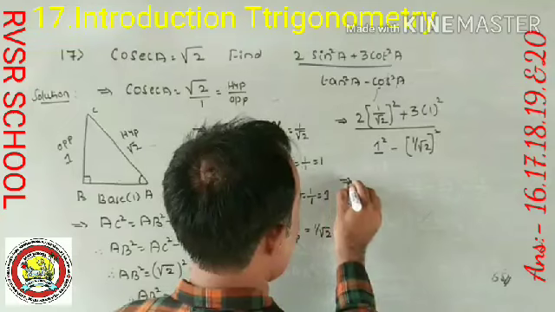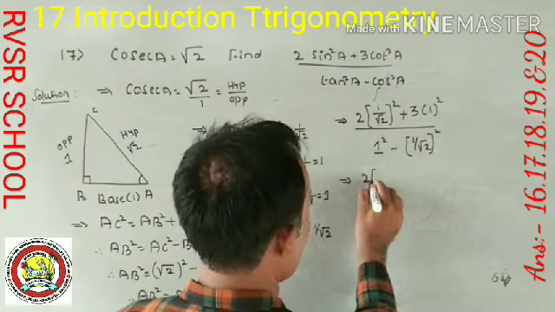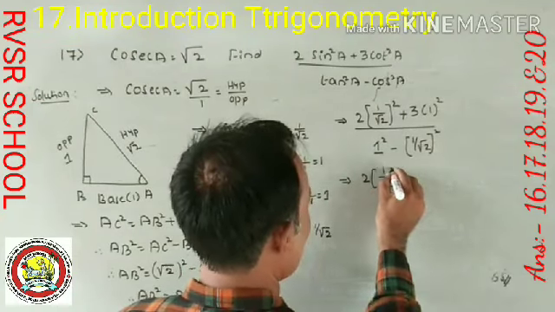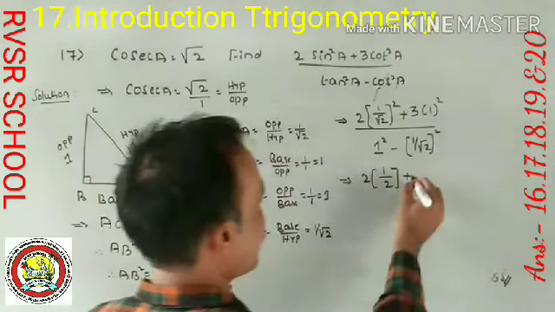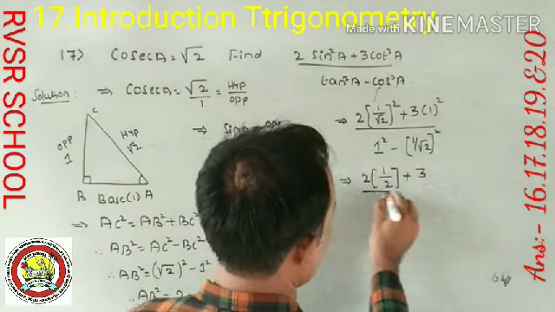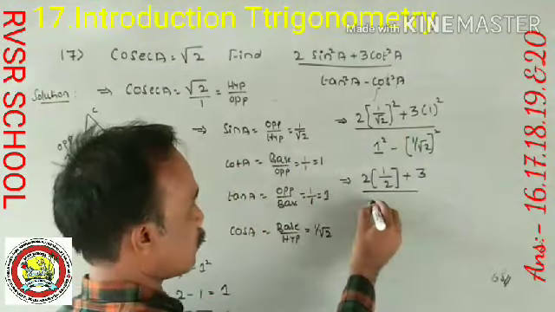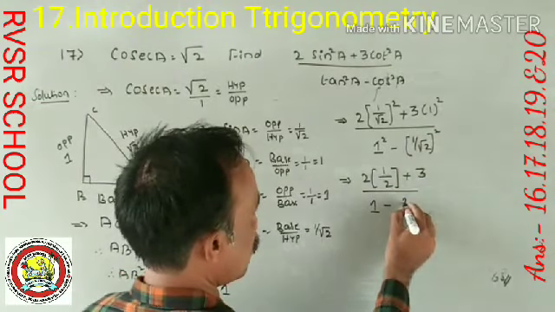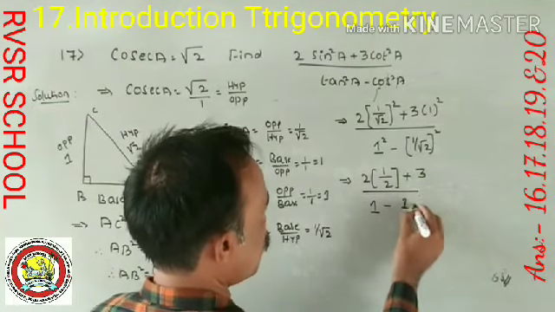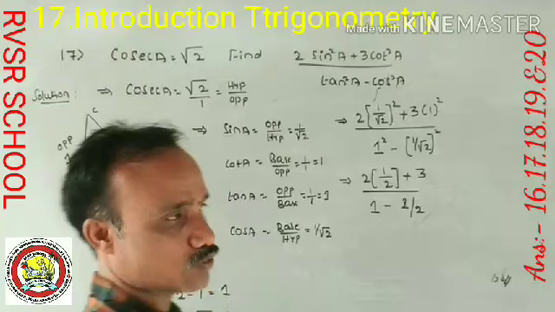So this implies 2 times 1 divided by root 2 square, only 2, plus 1 square into 3, 3, divided by 1 square minus 1 divided by root 2 square, that is only 2.